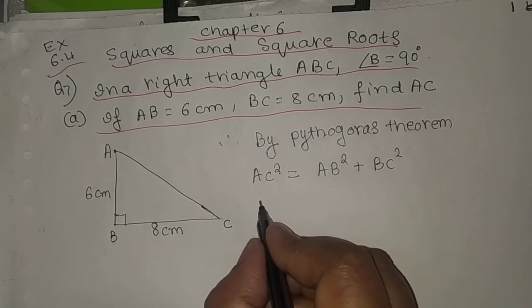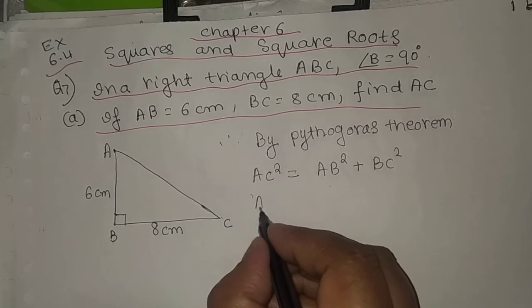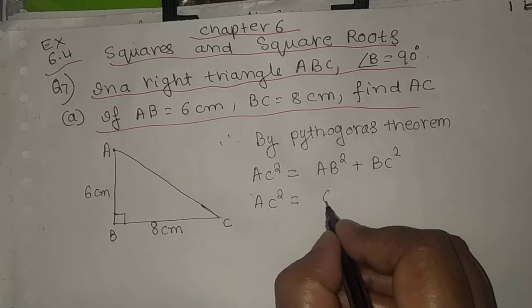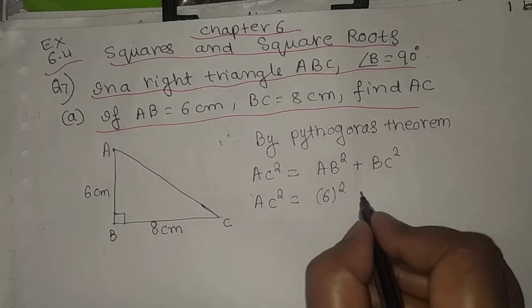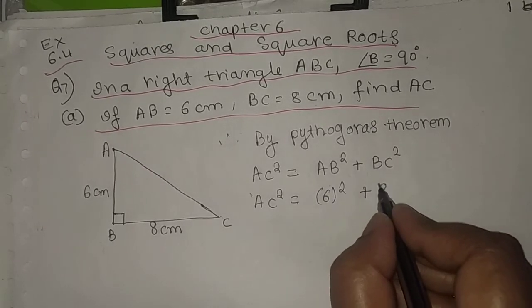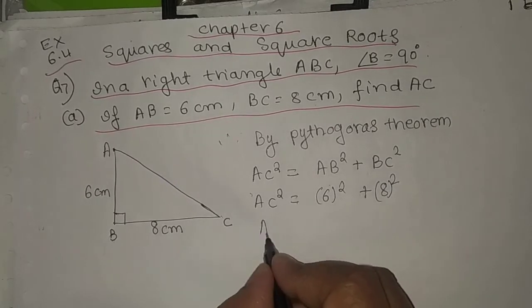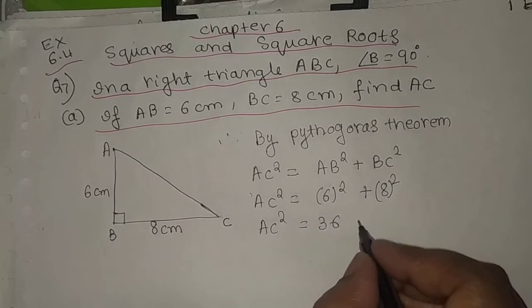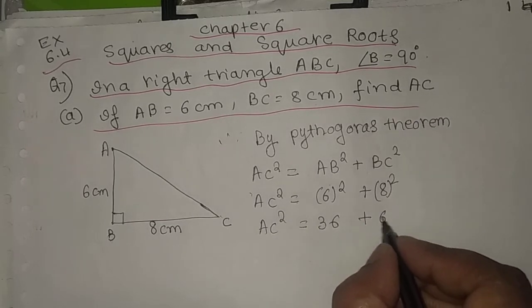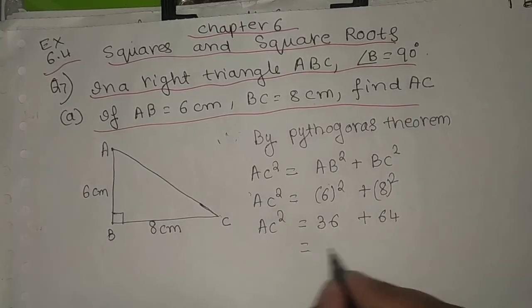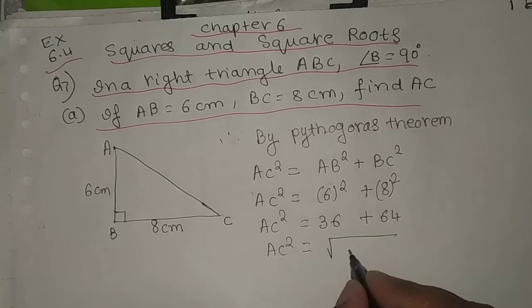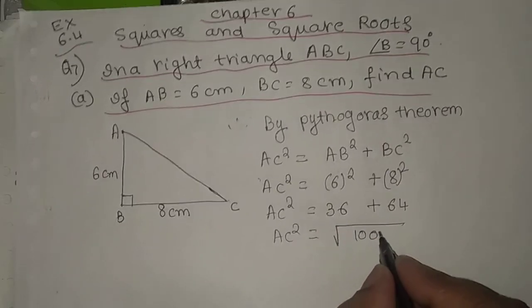Now the next step is we have to find AC square. AC square is equal to AB, which is given as 6 square, plus BC, which is 8 square. 6 square is 36, 8 square is 64. Add these two, we'll get AC square is equal to 100.